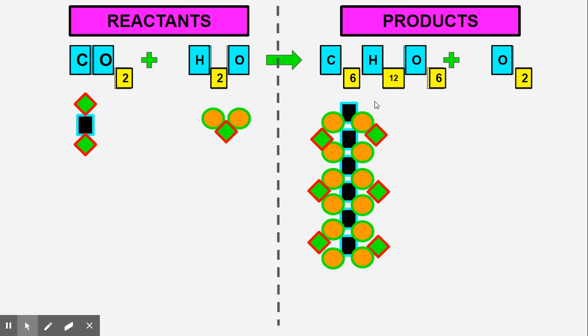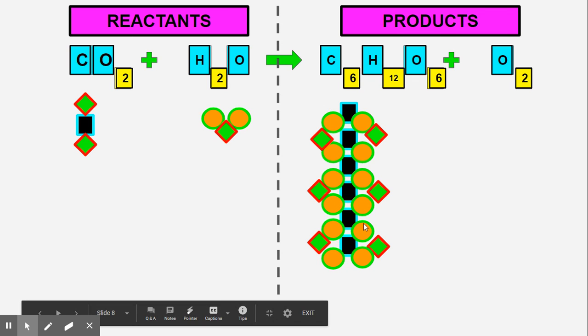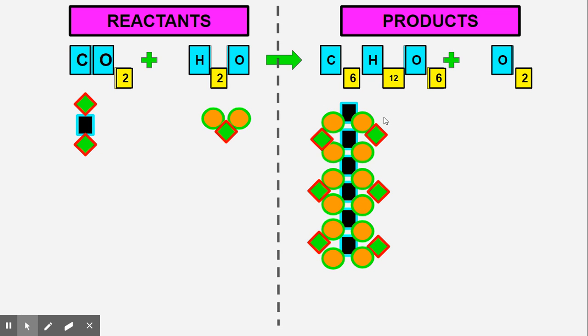This is a simplified version of a molecule of glucose: 6 carbons, 12 hydrogens, and 6 oxygens.